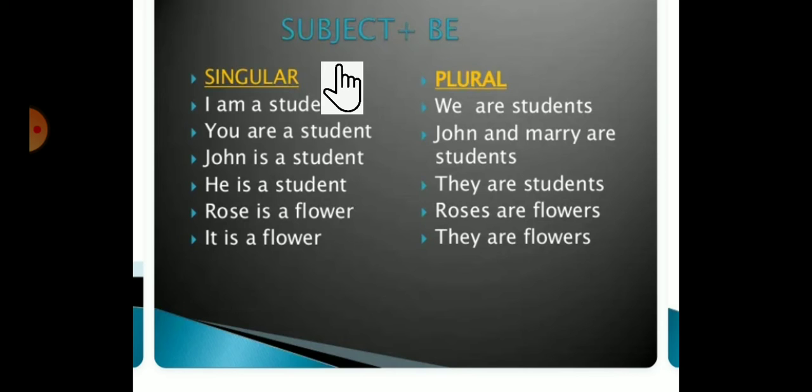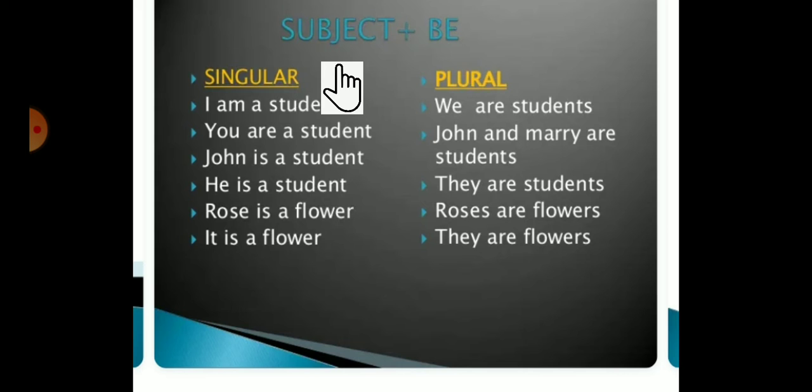A subject is always there in the sentence. Every sentence will have a subject and a predicate, and a verb or auxiliary verb, or an object. This is the formation of the whole sentence, with subject, verb and object, or subject and predicate.